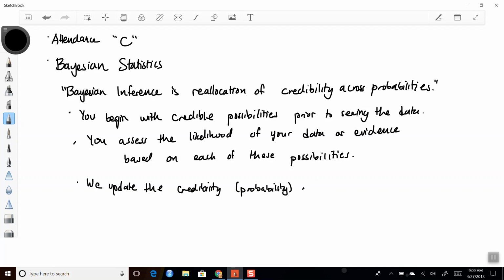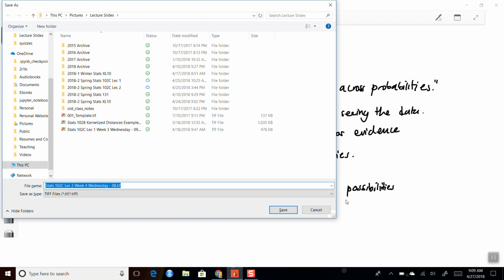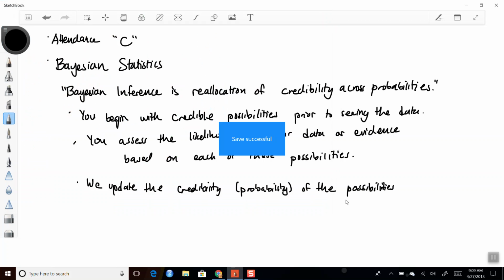The credibility of the possibilities, okay? And I think I've outlined this in Wednesday's lecture as well, but it's worth repeating because this is truly the heart of what Bayesian statistics or Bayesian inference is all about, okay?